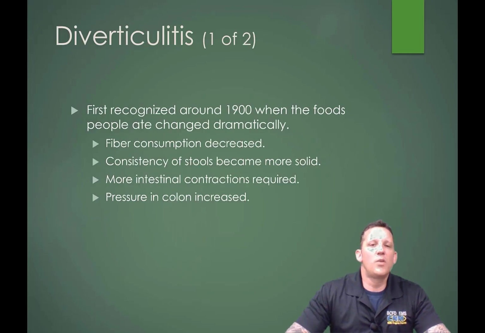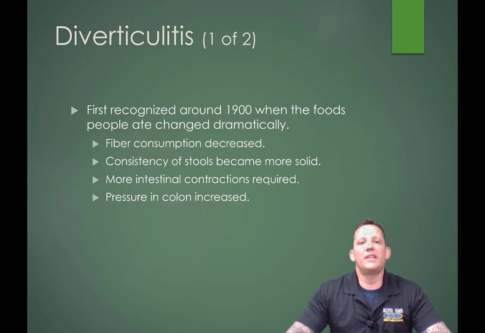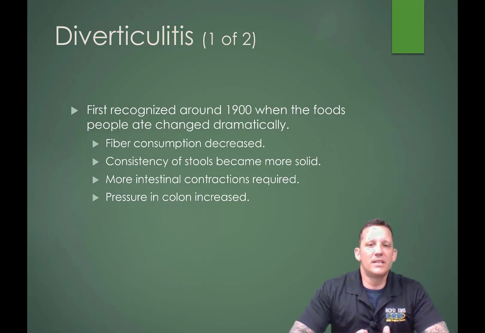Diverticulitis. Diverticulitis is small pockets in the bowel that have formed as a result of different changes in the way that we eat. So this slide says that it was first recognized around 1900 when the foods that people ate changed dramatically. And think about the Industrial Revolution, where we were no longer dependent solely on lots of heavy vegetables and non-soluble fiber food material.